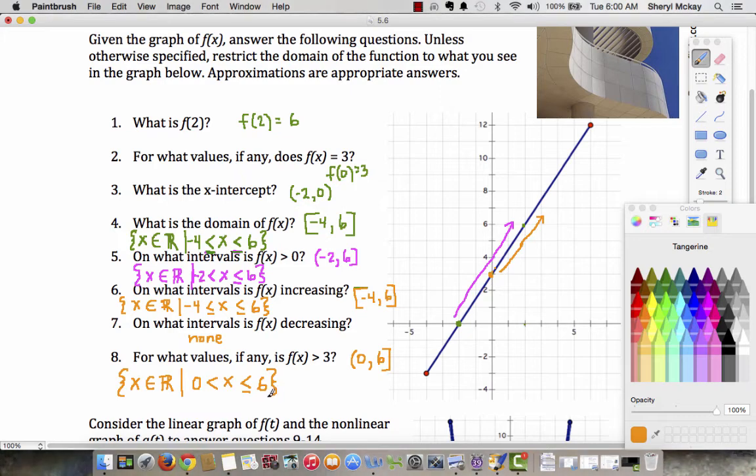Closed curly braces. All right? So we've just described this graph, and we've described these intervals using set builder notation and interval notation.